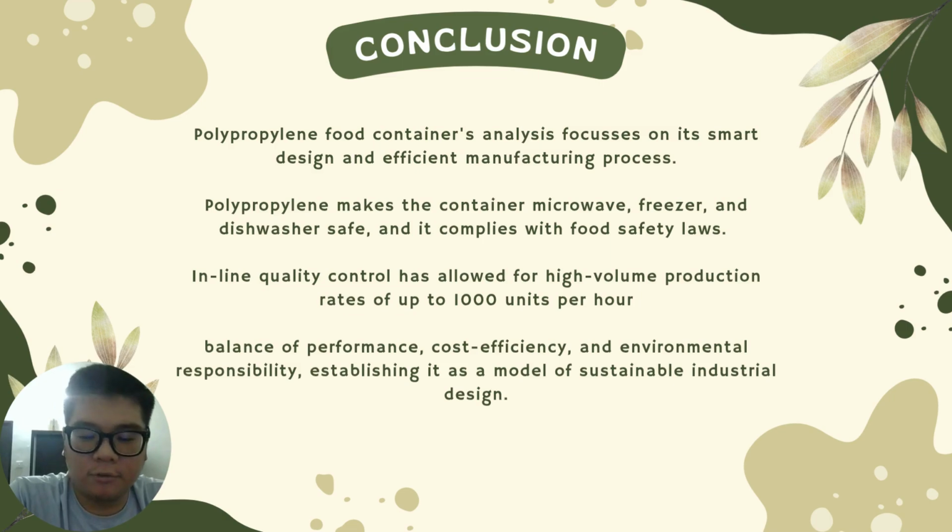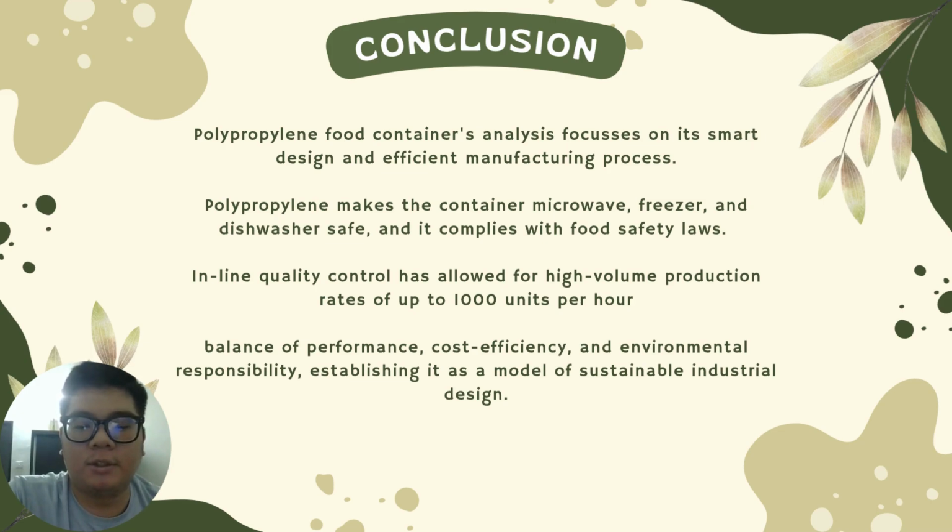So for the conclusion of this project, the polypropylene food container analysis focused on its smart design and efficient manufacturing process. With this material, the container can be used in the microwave, freezer, and dishwasher, and it complies with food safety law.